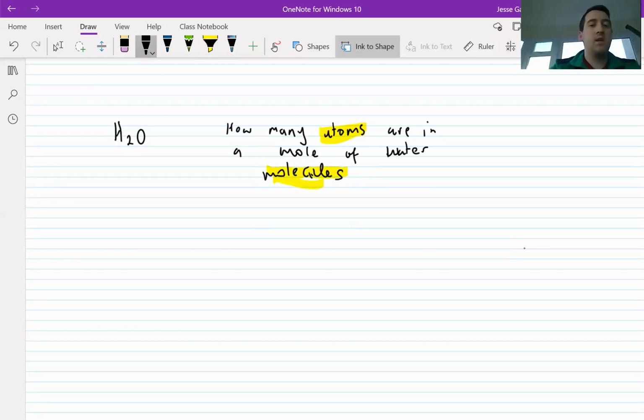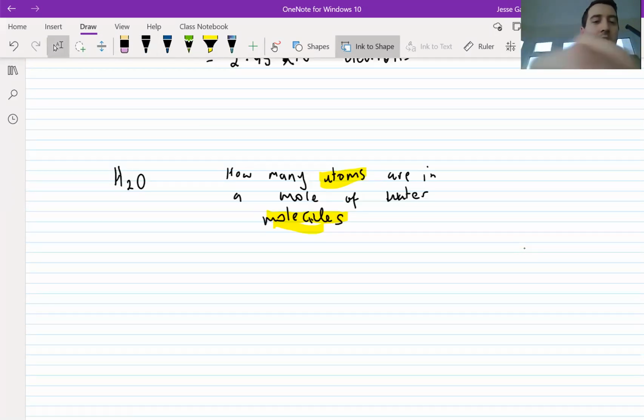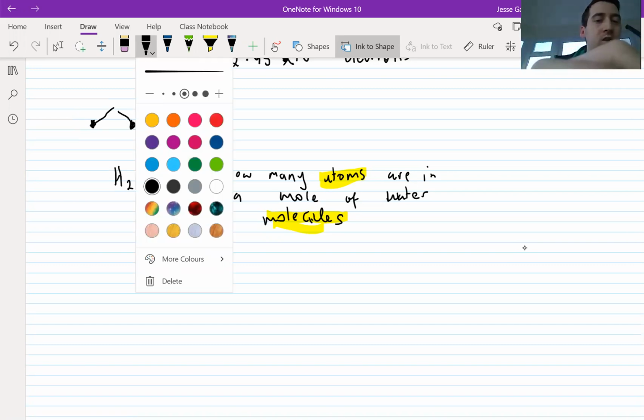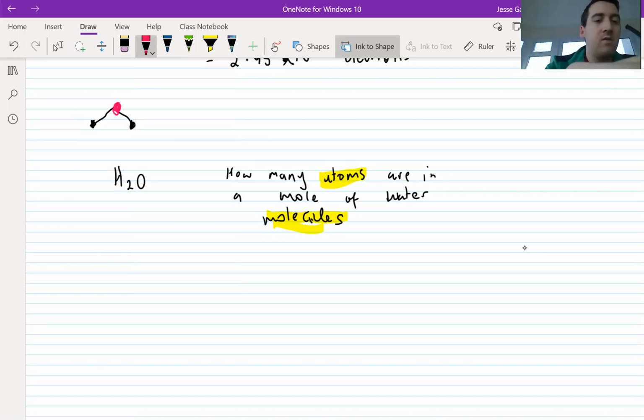Okay, so the first thing is it's really important to understand the difference between these two words. A molecule is where we've got a group of atoms chemically joined together. And we often show this using bonds like this. So H2O looks like this. We've got one oxygen atom chemically combined to two hydrogen atoms.